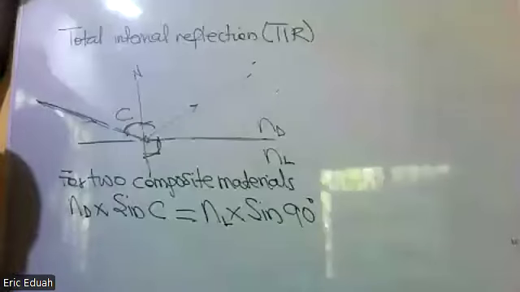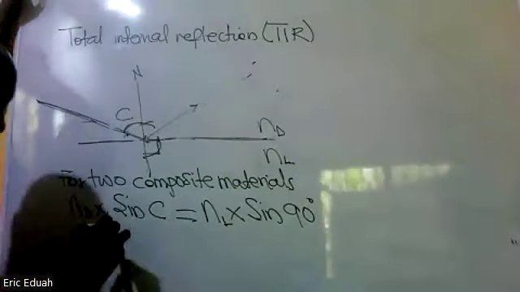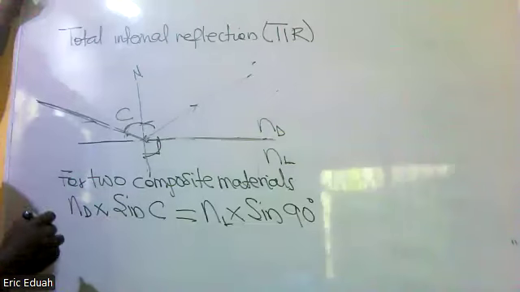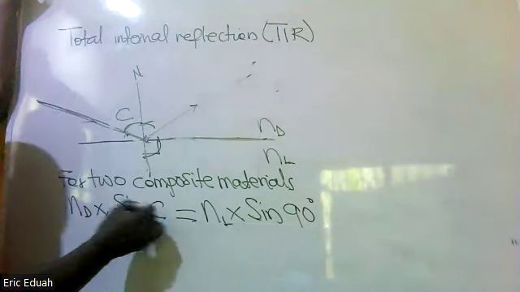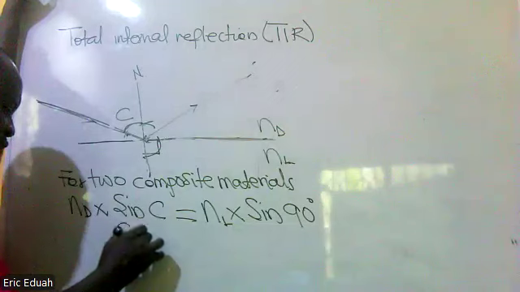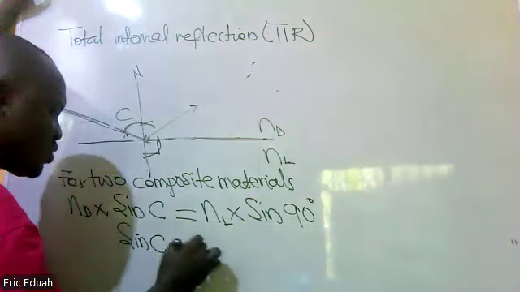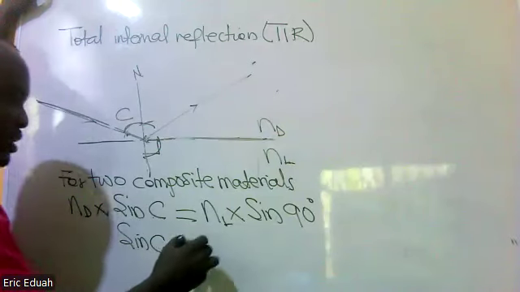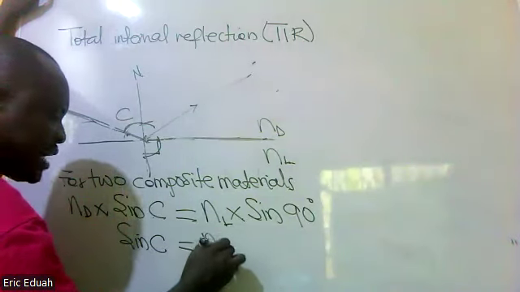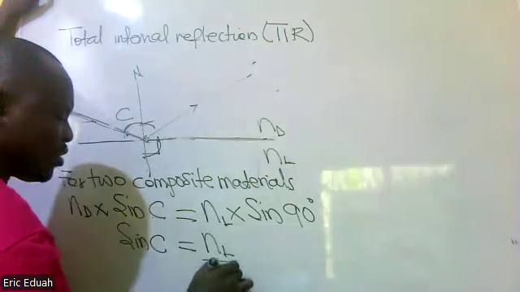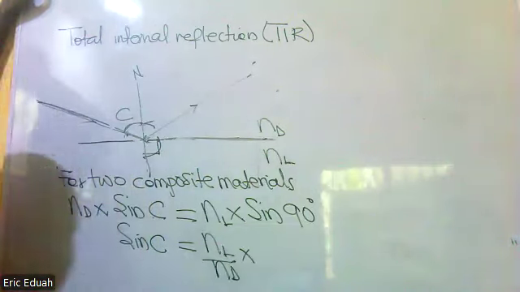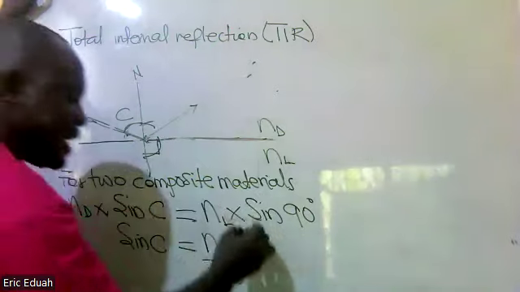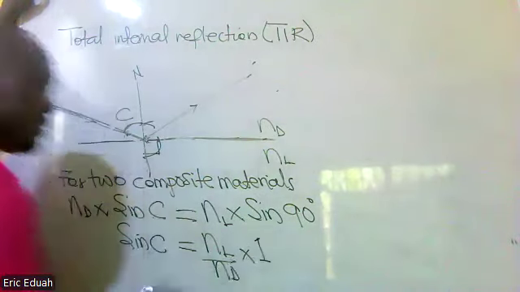Now, what we are looking for is to determine C. So sine of C is equal to, if we make sine C the subject, n of L over n of D times sine 90. Sine 90 is equal to 1.